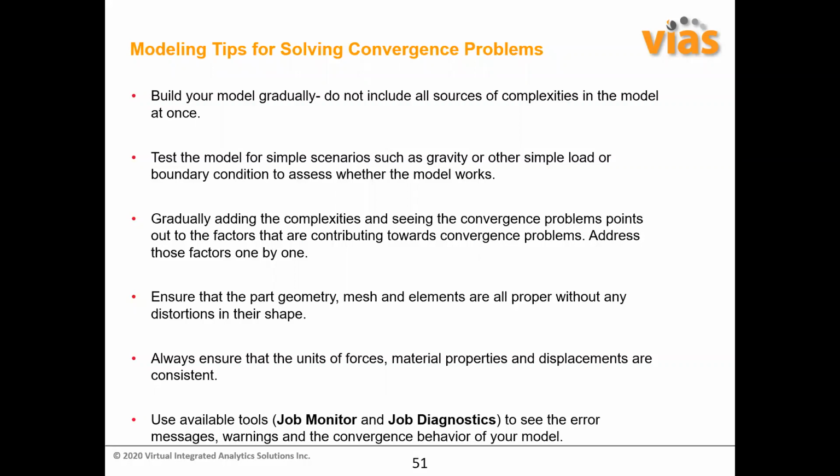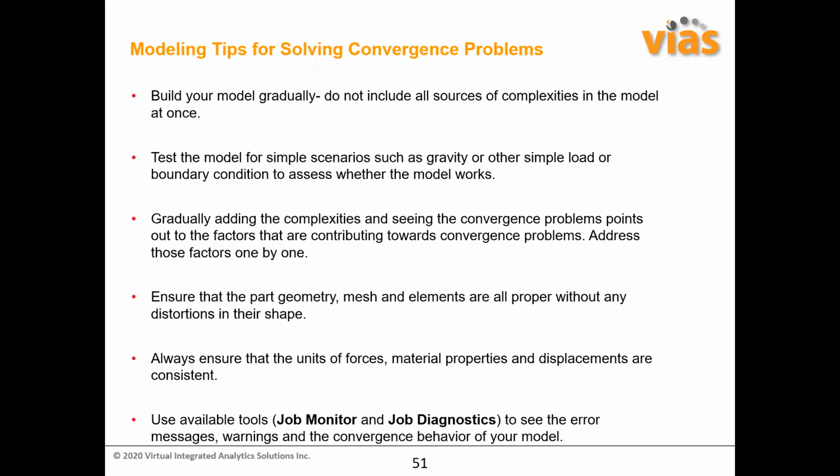Keep including the complexities in a stepwise way. Don't put everything in all at once, because the model may have convergence issues. Test the model for simple scenarios, such as applying gravity or some other simple load or boundary condition, to assess whether the model is working.